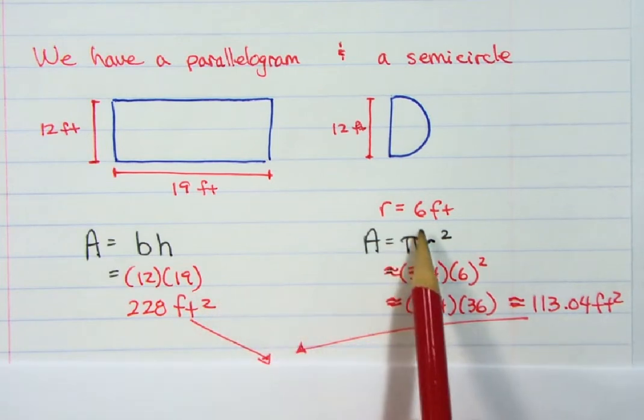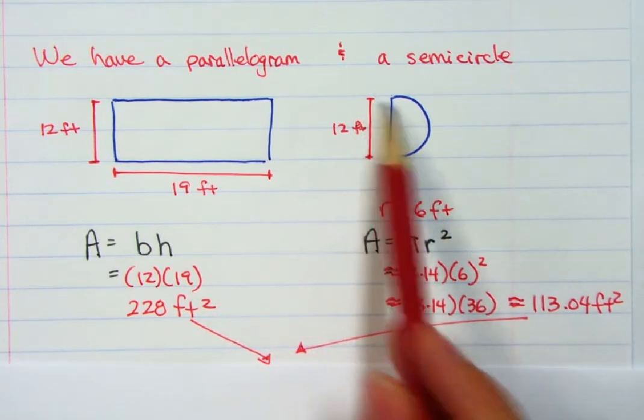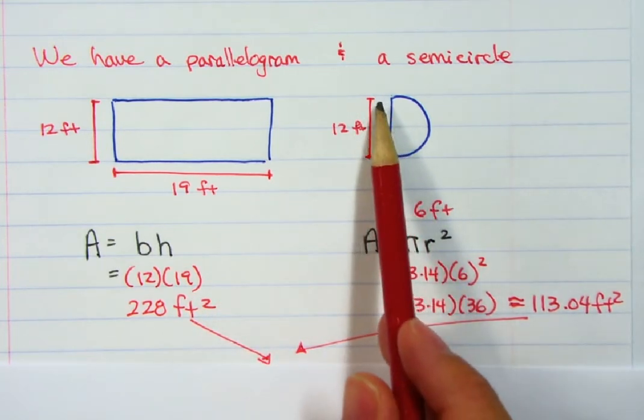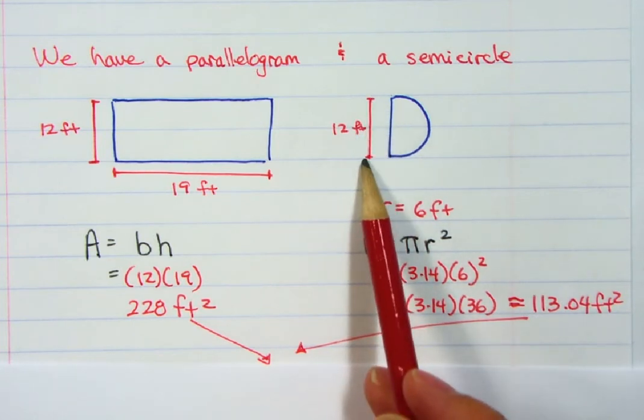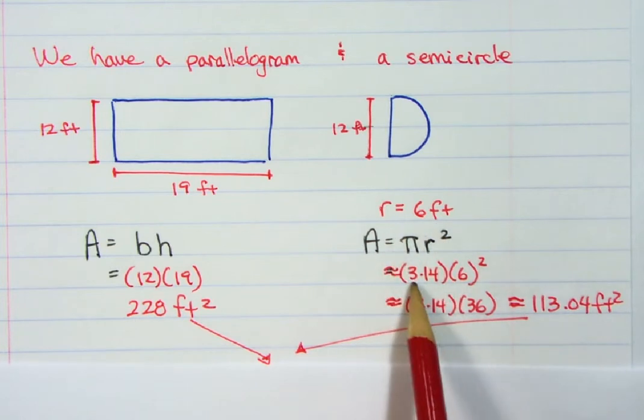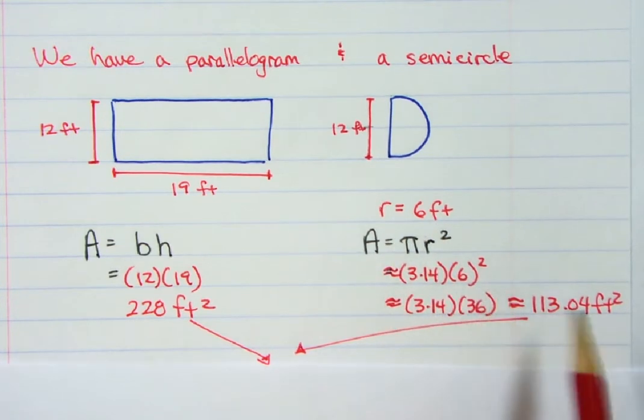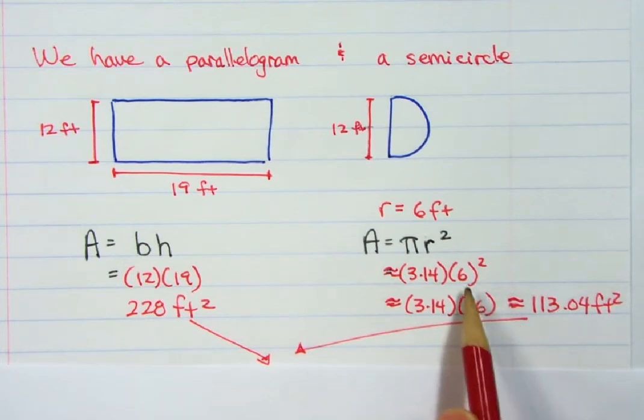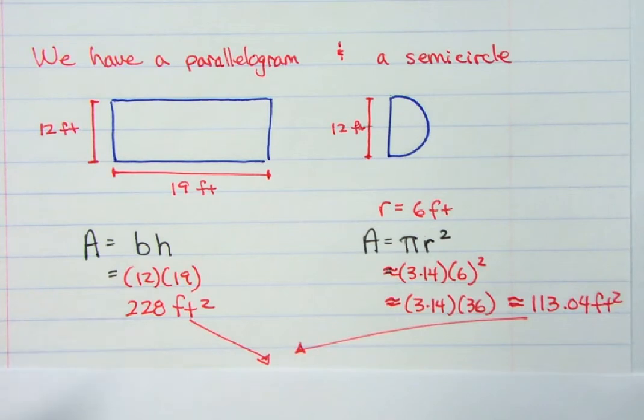And then the area of the circle, if I know that the diameter is 12, I know then the radius is half of that, which is 6. Plug it into my formula for area of a circle. I might have done something wrong here now that I notice. I'm going to do 6 squared, 6 times 6, times pi, 3.14. I end up with 113.04.